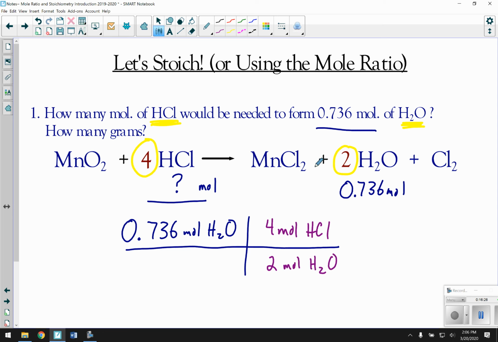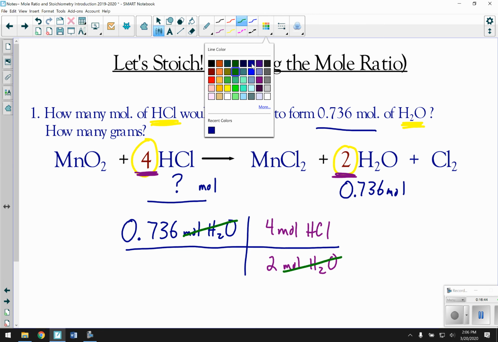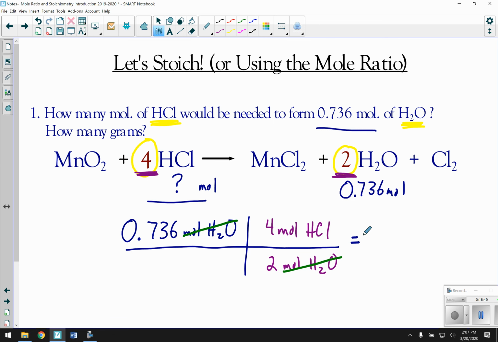That's my mole ratio from the balanced equation. And lo and behold, moles of water in a sense cancel out. It's pretty amazing. So to find the number of moles of HCl, I'm just going to multiply 0.736 times 4 and divide that by 2. So let's do that.